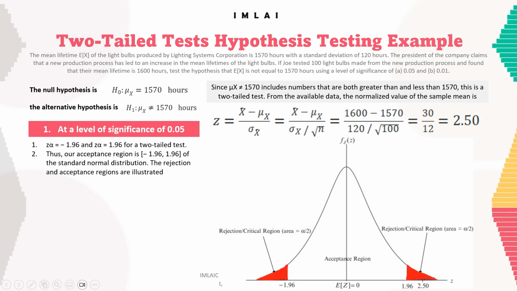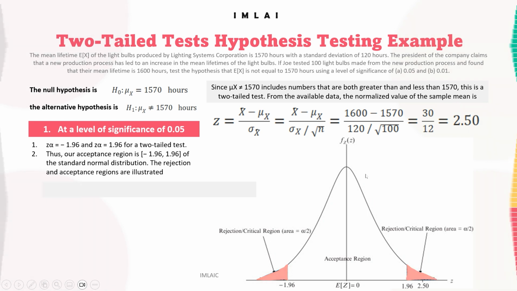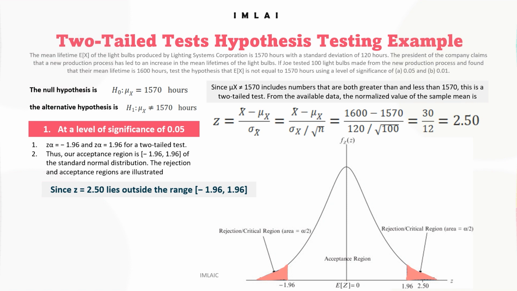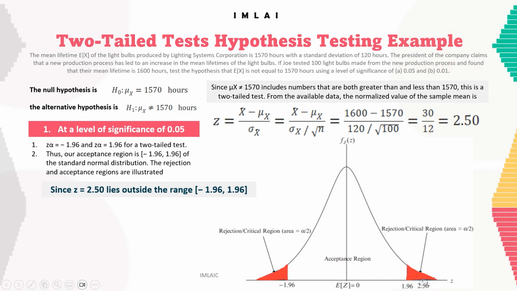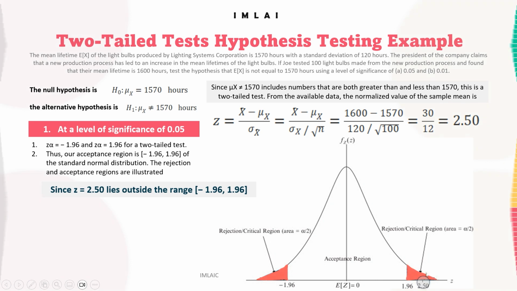These are my rejection regions, and my z statistic value is 2.50. If you see here, it lies outside the range of the two rejection zones, I mean outside the acceptance region.